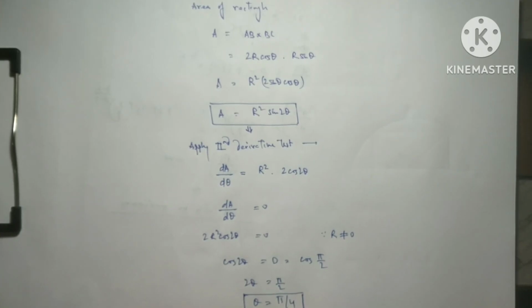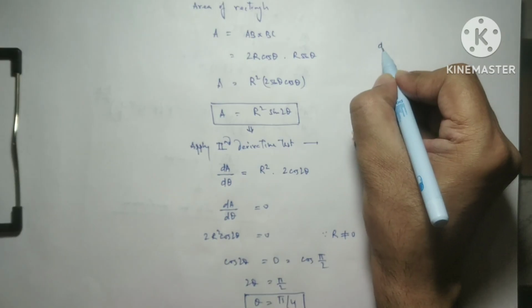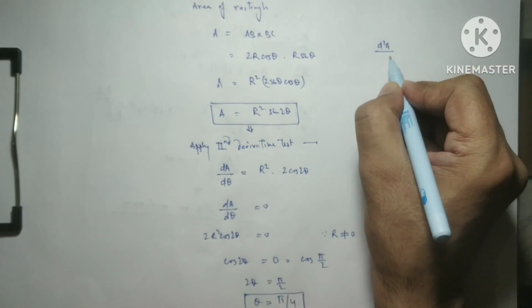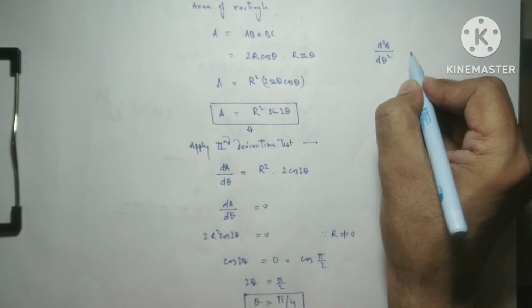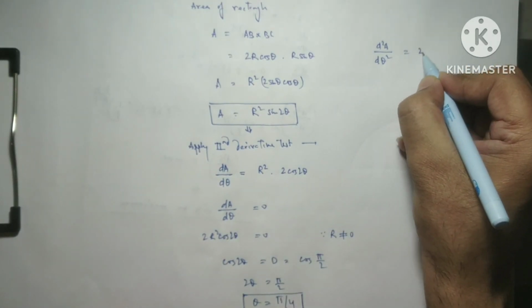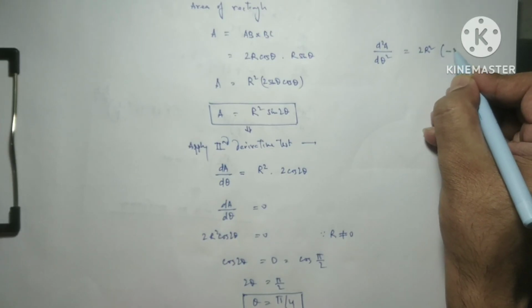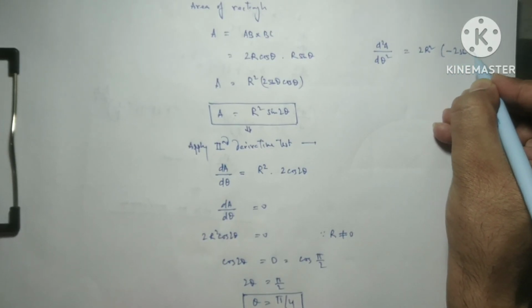Right now we will take the second derivative, d2a over d theta square. So we will differentiate again. It is 2r square cos 2 theta, and the differentiation is minus 2 sin 2 theta.